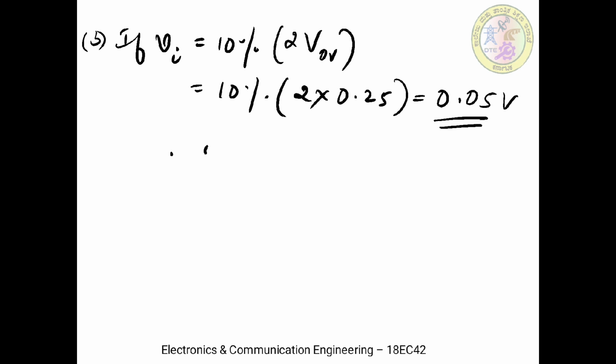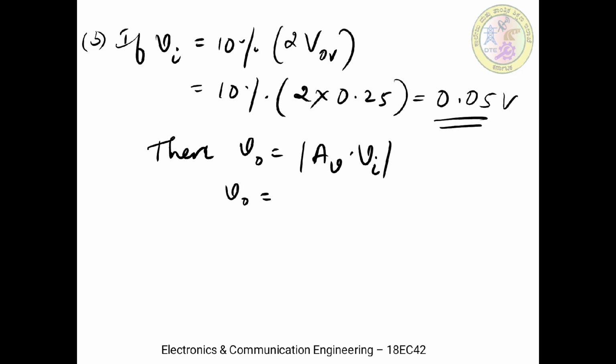Then our V naught will be equal to the magnitude of AV into Vi. We know now the gain will be 20, into Vi is 0.05 volts.